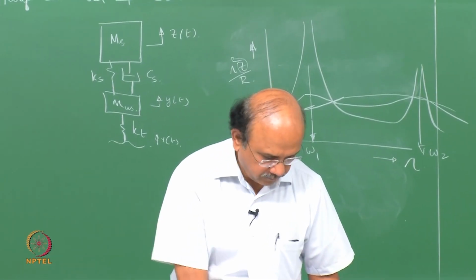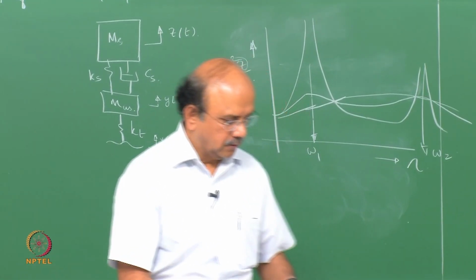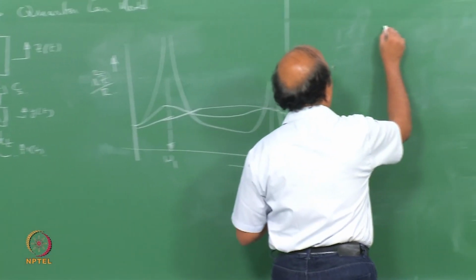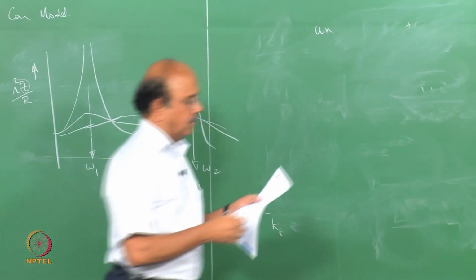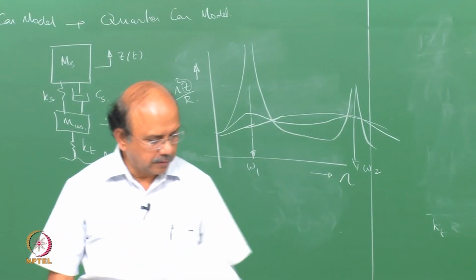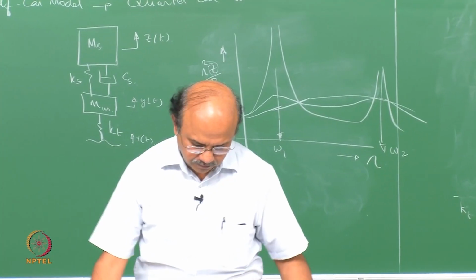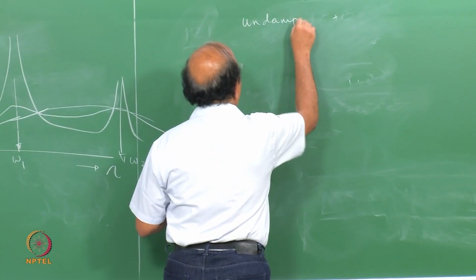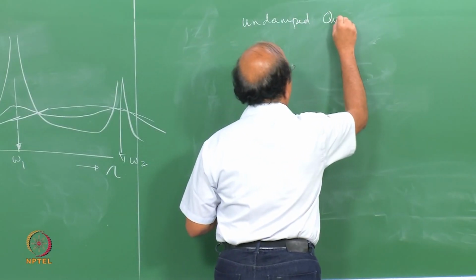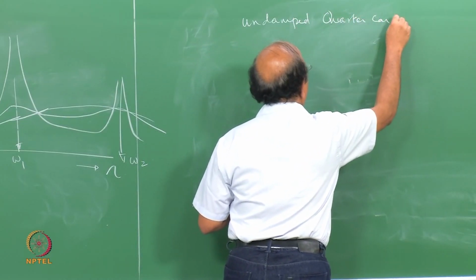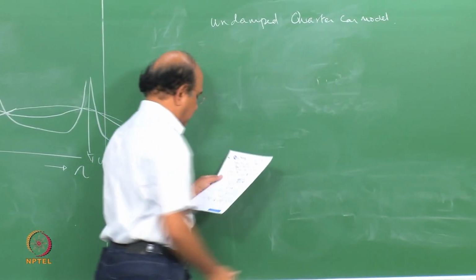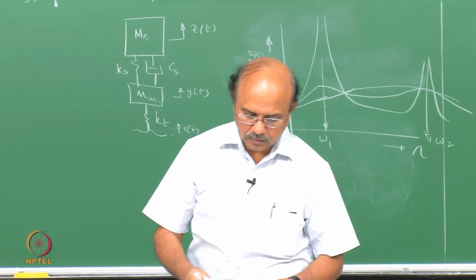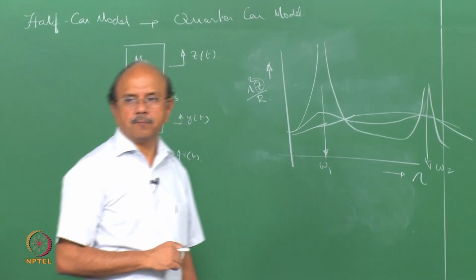One second. So we are looking at, we had finished this part. Let's first look at the undamped quarter car model. It's very simple to arrive at what we call the natural frequencies.